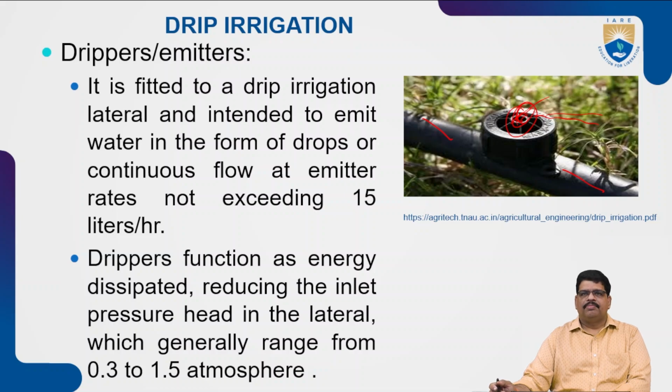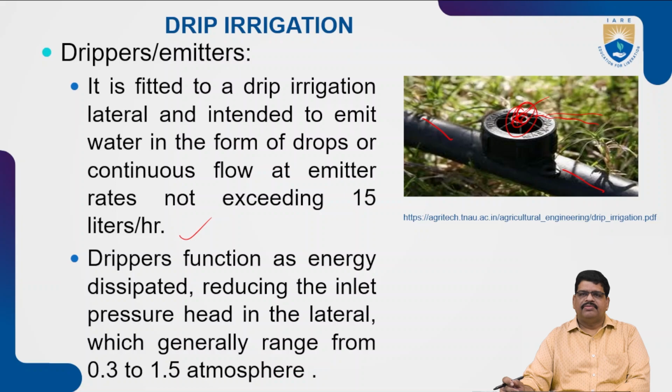It is fitted to the drop inlet, and the continuous flow from the emitter does not exceed 15 liters per hour. That is the discharge capacity of this drip irrigation nozzle.